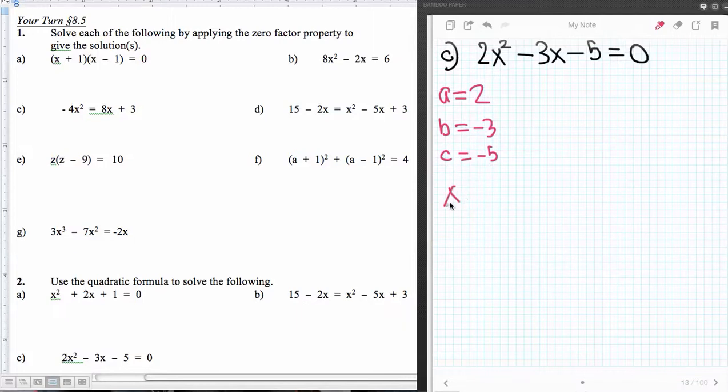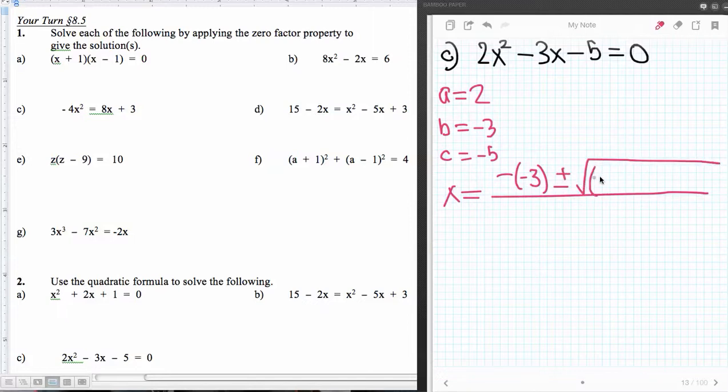So we have x is equal to, and then we have a minus b, so whatever our b is, the opposite of that, so the opposite of negative 3, plus or minus the square root of our b squared, so negative 3 is going to get squared, minus 4 times a, which is 2, times c, which is negative 5, and this is all over 2 times a.